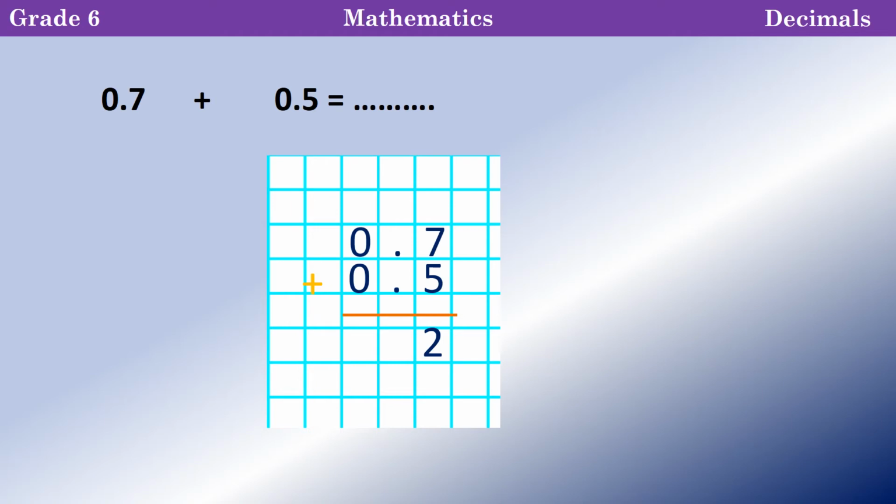We put 2 here and 1 is remaining. We bring that 1 to the ones place of the number and we add it with 0. 1 plus 0 is 1. And the decimal point is kept at the same place. So the answer is 1.2.